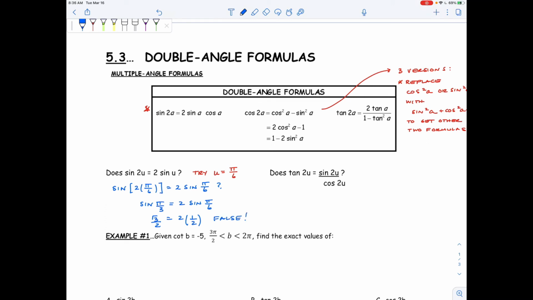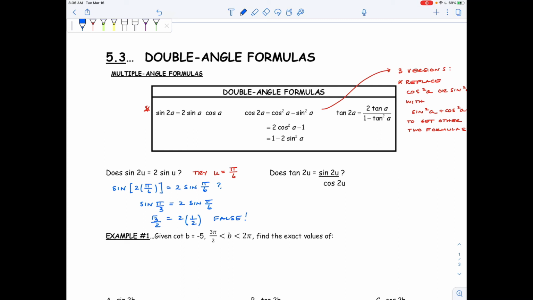So it does not work. And so, again, you have to be really, really careful with these. You can't just take constants and move them around. These are functions. This is not sine times 2 times u. It's sine of 2u. And because of that, you have to use the identities that make those statements true.